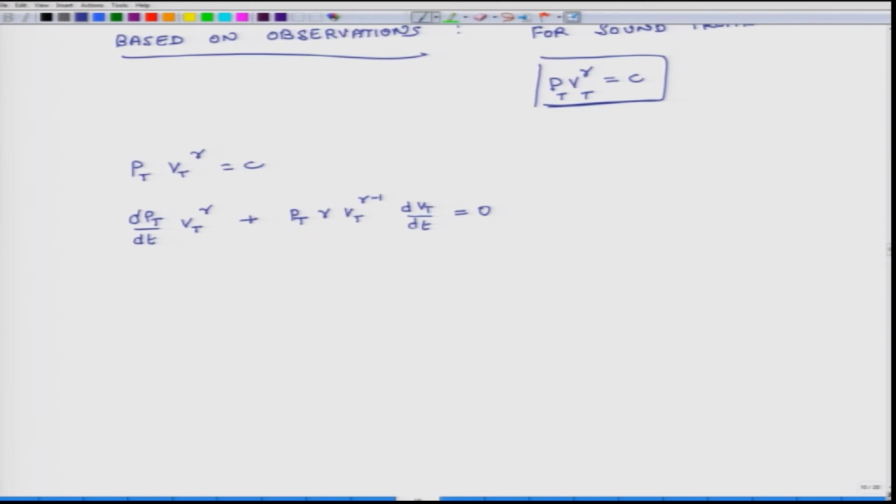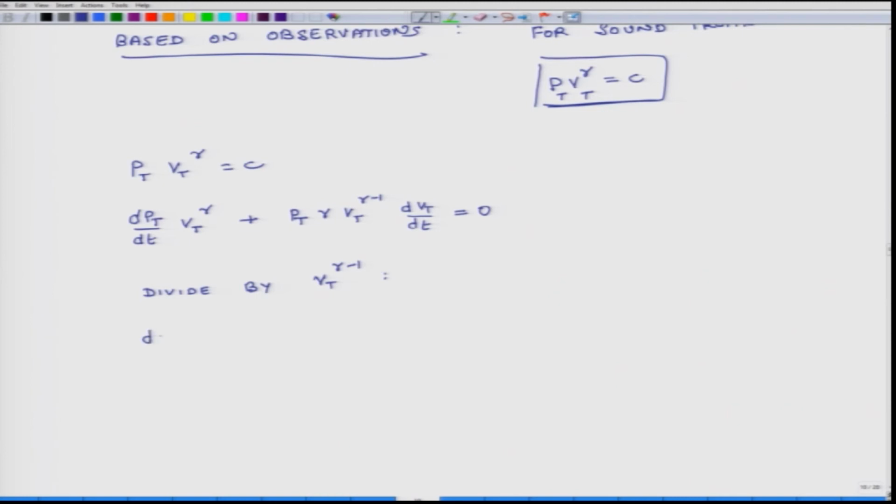Okay. So, now what I do is I divide this entire thing by V(t) to the power of gamma. So, what I am left with is, so divide by V(t) to the power of gamma minus 1.